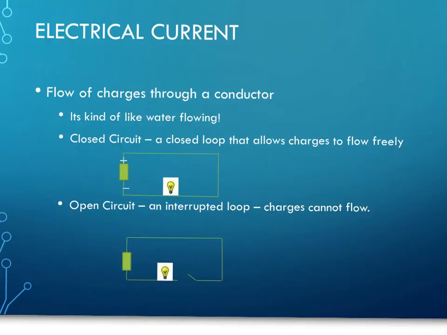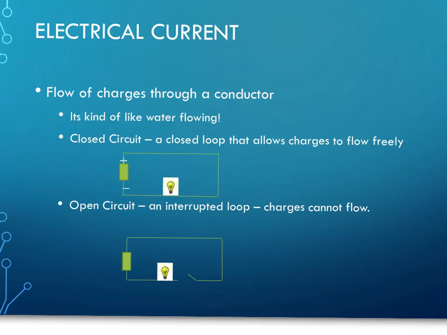Alright, well, moving on from static electricity, let's talk about electrical current. So current is different. This is a flow of charges. We can kind of think of electricity as kind of like water flowing, except instead of water, it's electrons that move. There's two kinds of circuits when we have current. You have a closed circuit.